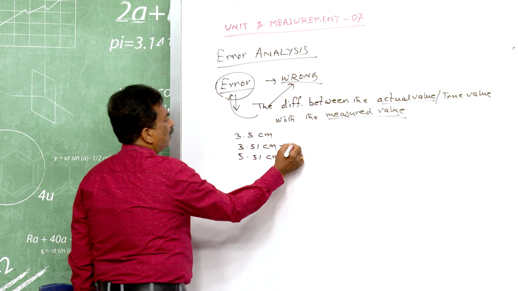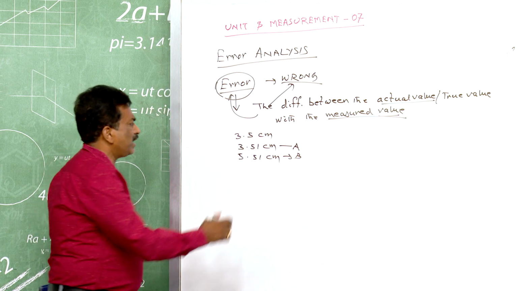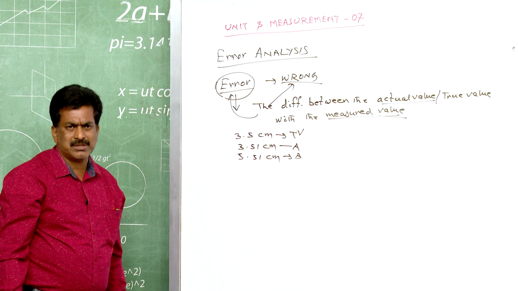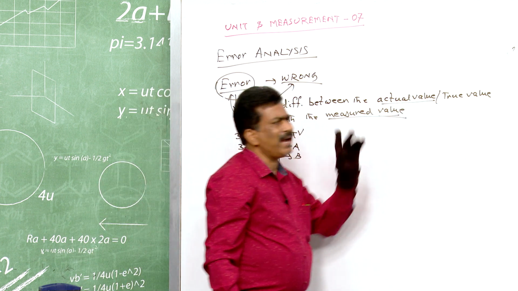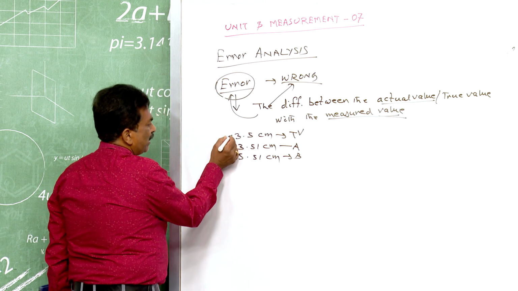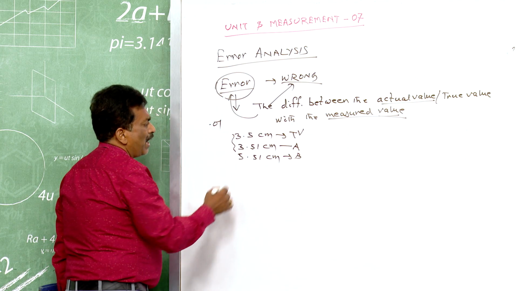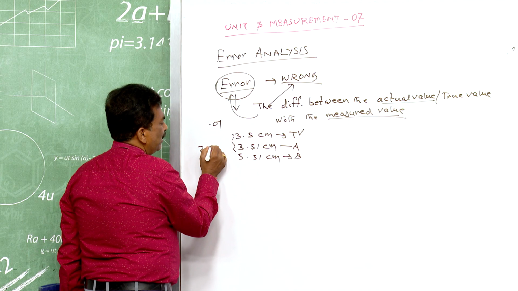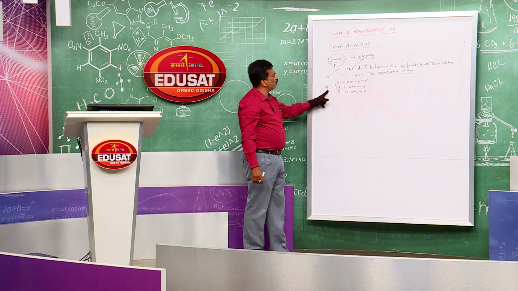Suppose this is the measuring of A, this is the measuring of B, and this is the true value, or the actual value. So what is the difference between these two? Only 0.01. And what is the difference between these two? That is 2.01.